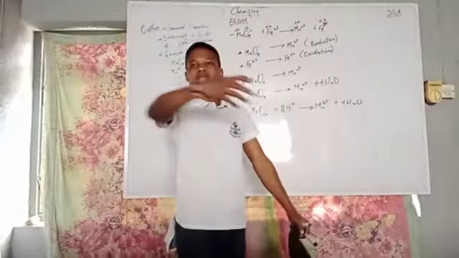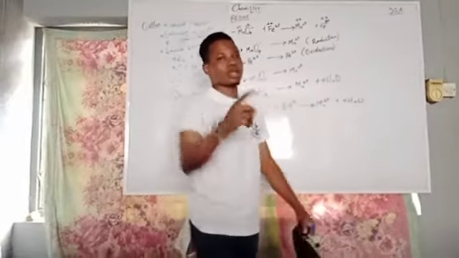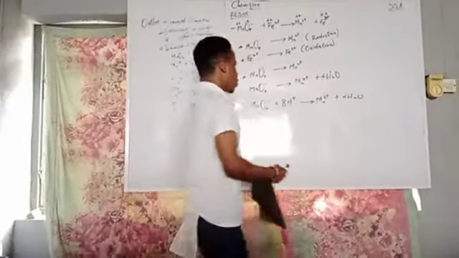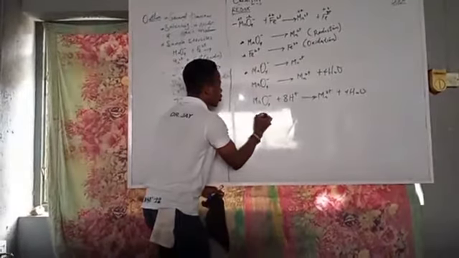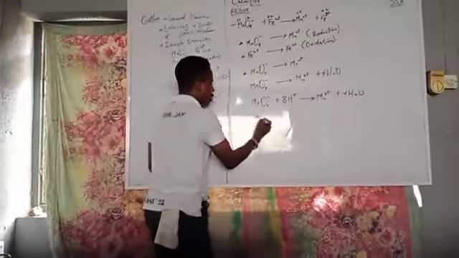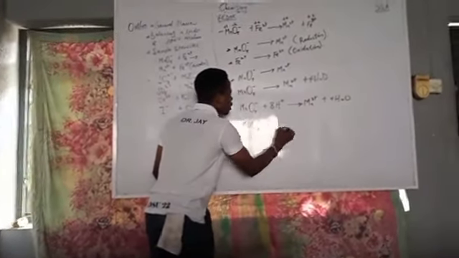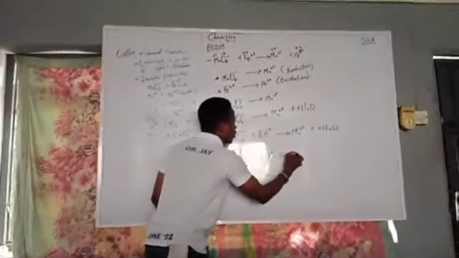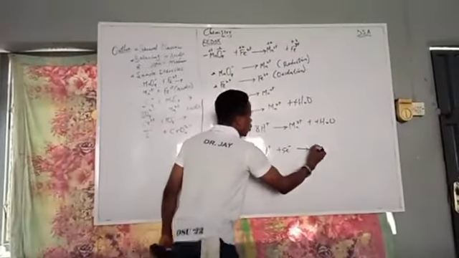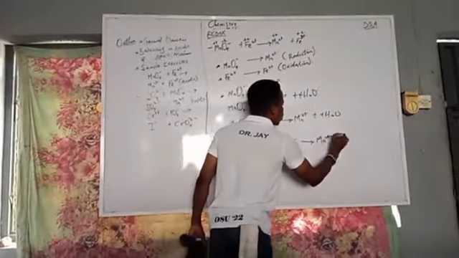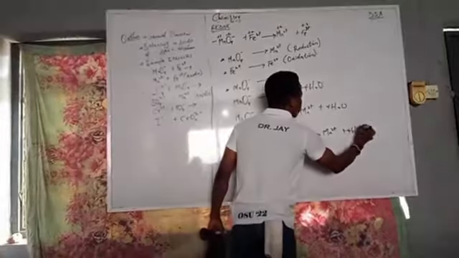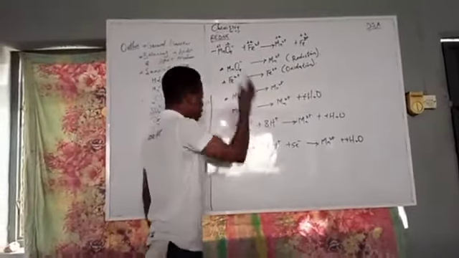To remove electrons, you add that particular number. So we need 5 electrons. So this is going to be MnO4 minus plus 8H plus 5 electrons to give us Mn2 plus 4H2O.